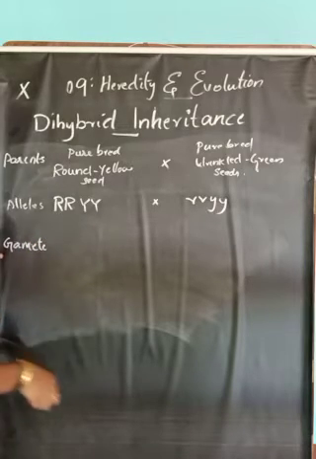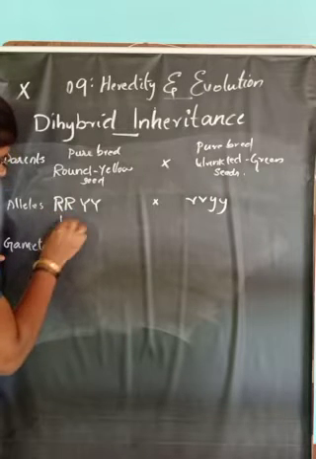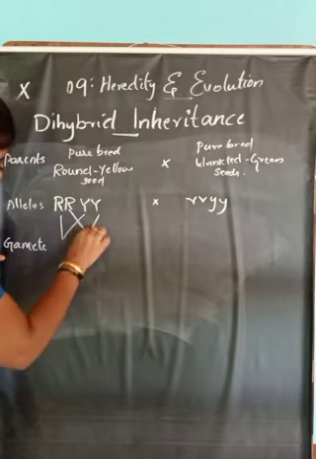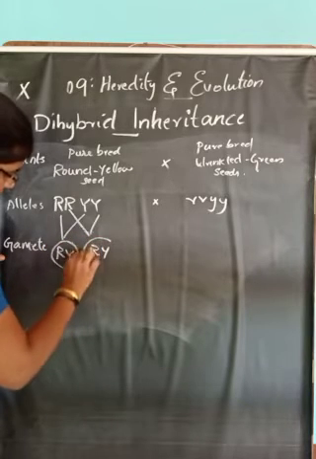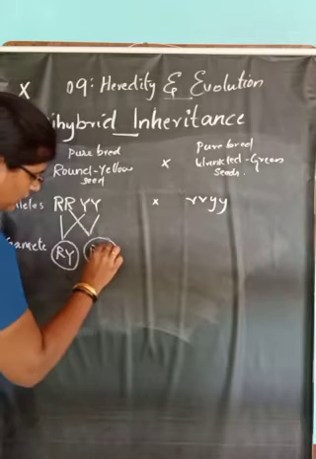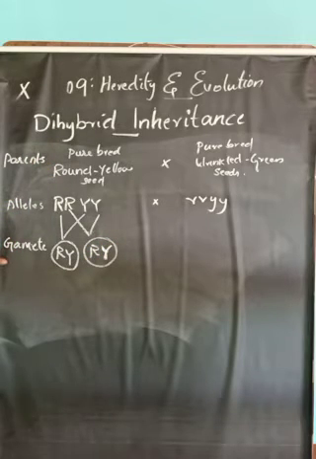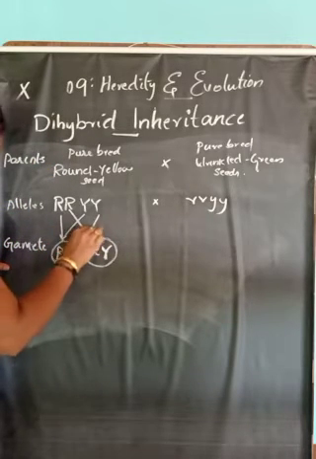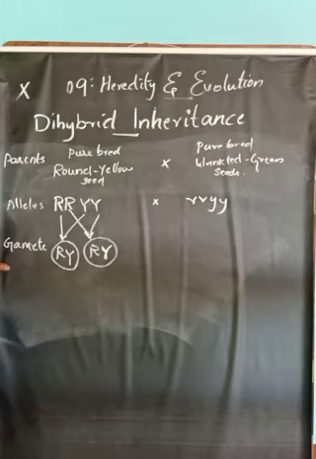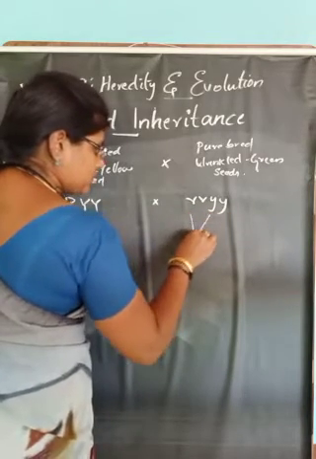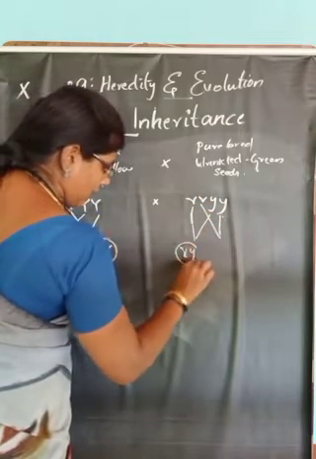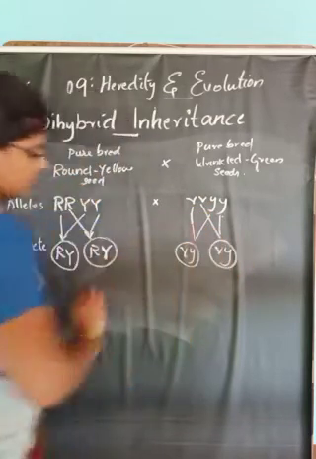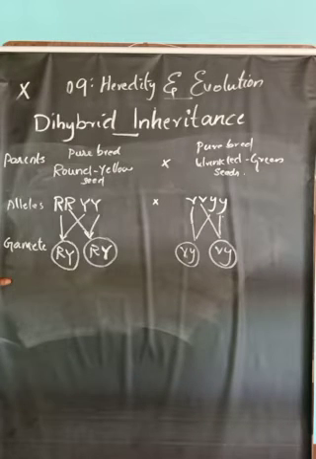How will gametes form? RY is one gamete, RY another gamete. So capital R capital Y are the gametes from pure breed round yellow seeds. Then the same from small r, small y. So these are the different gametes we get from the parents.